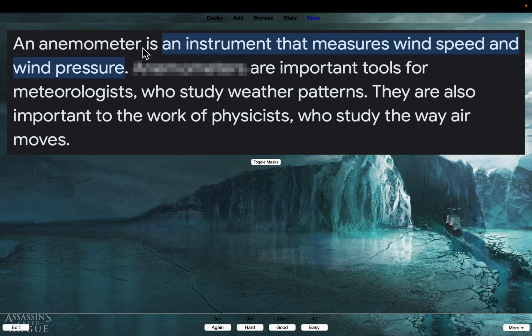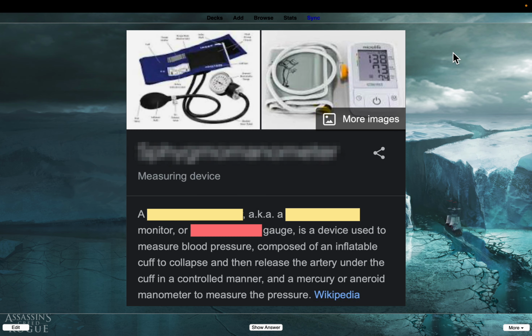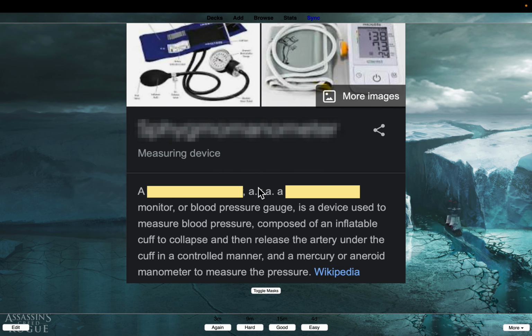I may be wrong on that regard, but it's basically a mere idea that I thought of, because it does measure wind speed, so it might be associated with typhoons, right? Next, the sphygmomanometer.